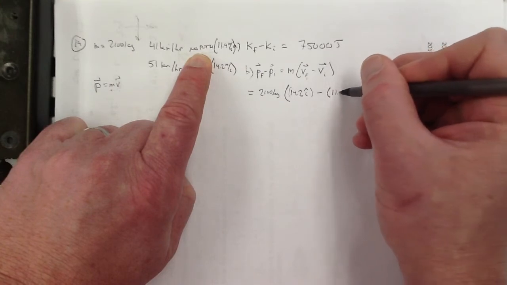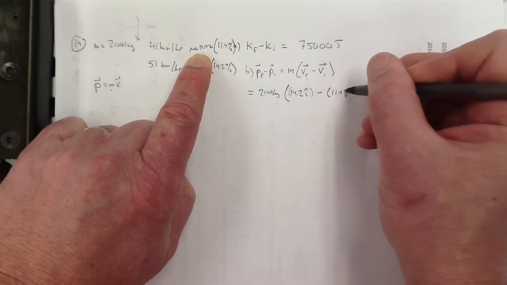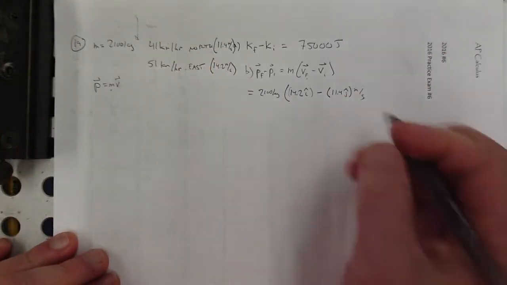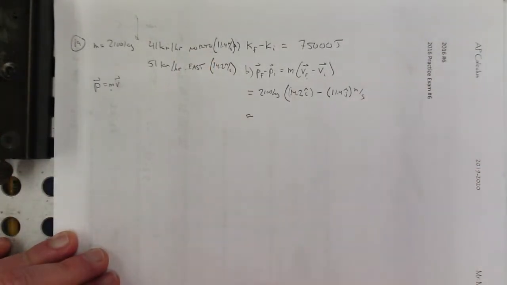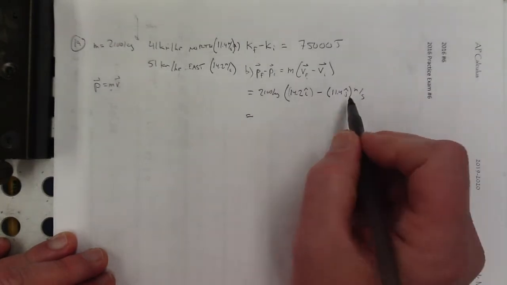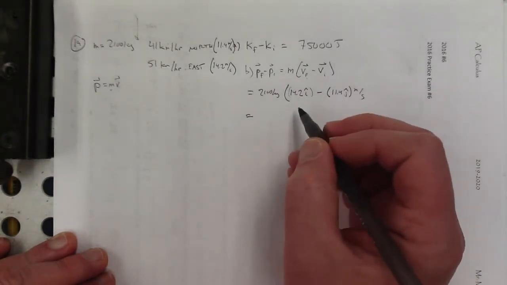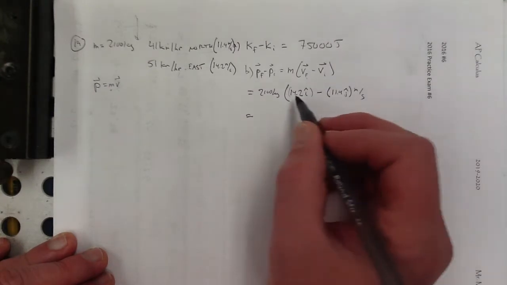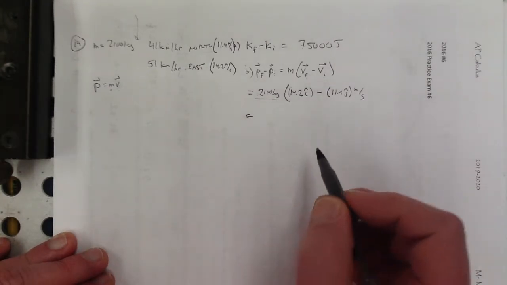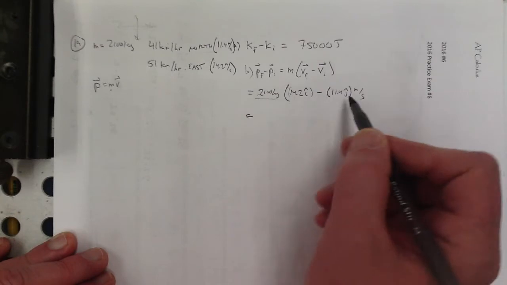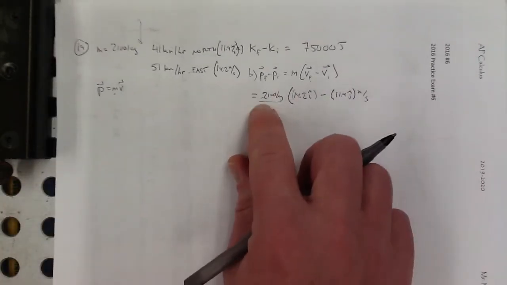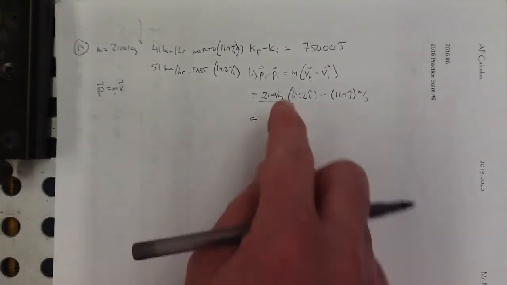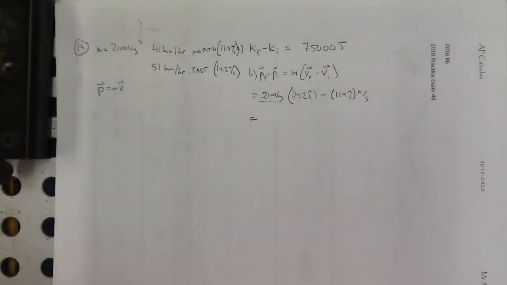Minus 11.4 in the j direction, meters per second. And so if we want the magnitude and the direction of this, multiplying by mass isn't going to change the direction. The magnitude I could just Pythagorize those and then scale it up. Or you can distribute that however you want.